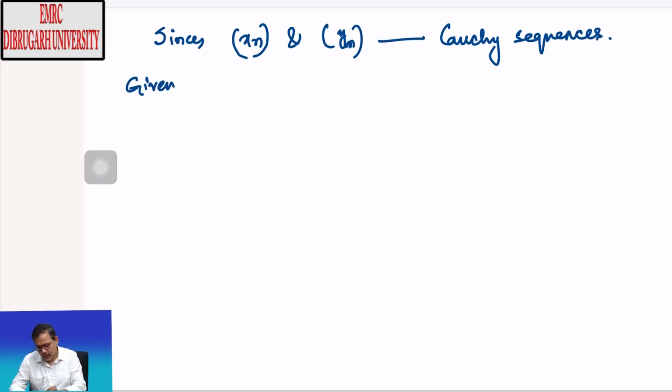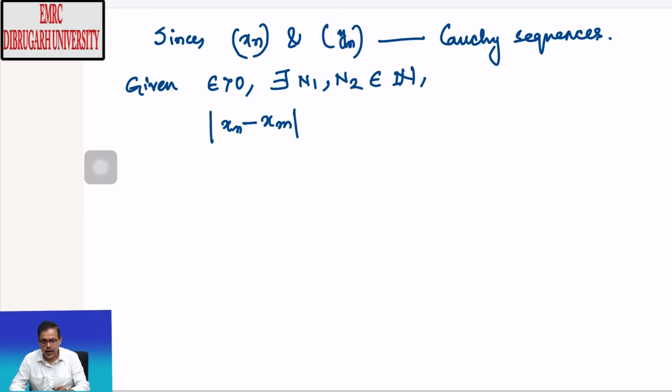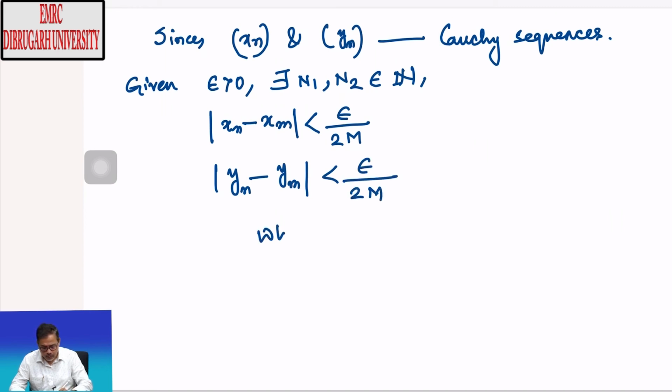given epsilon greater than 0, there exist capital N 1 and capital N 2 in the set of natural numbers, such that x n minus x m is less than epsilon by 2 m and y n minus y m is less than epsilon by 2 m, where this m is the maximum of m 1 and m 2.